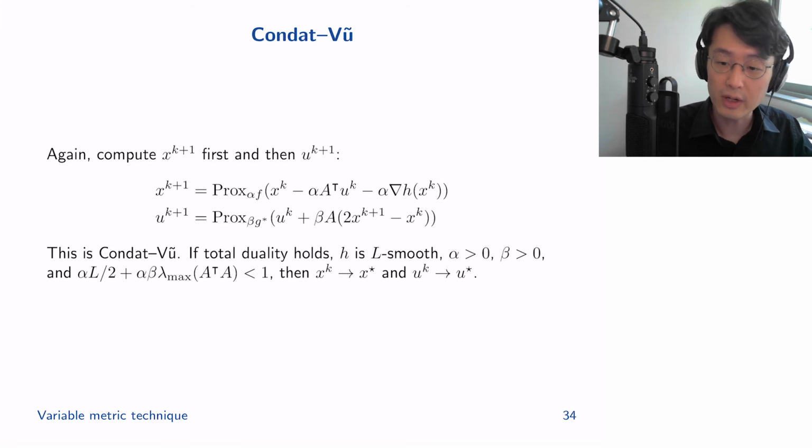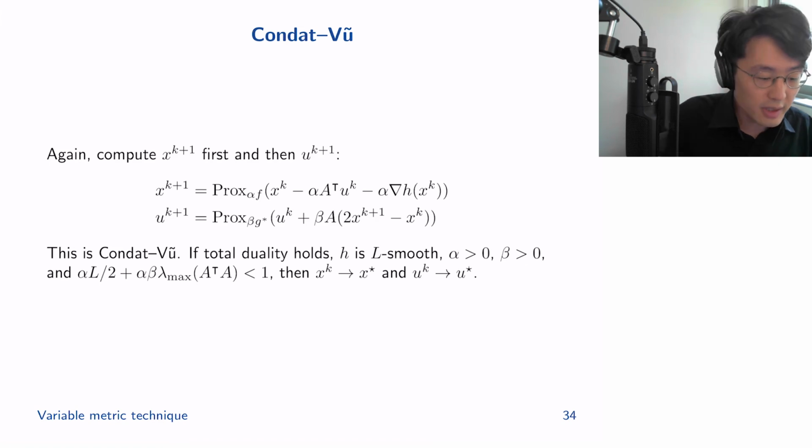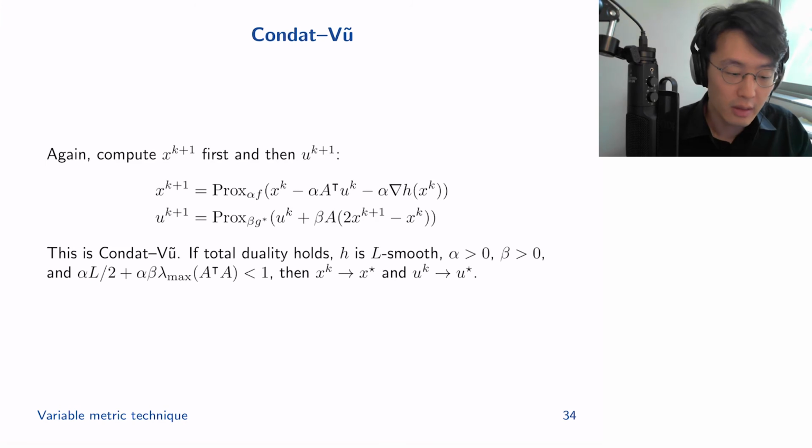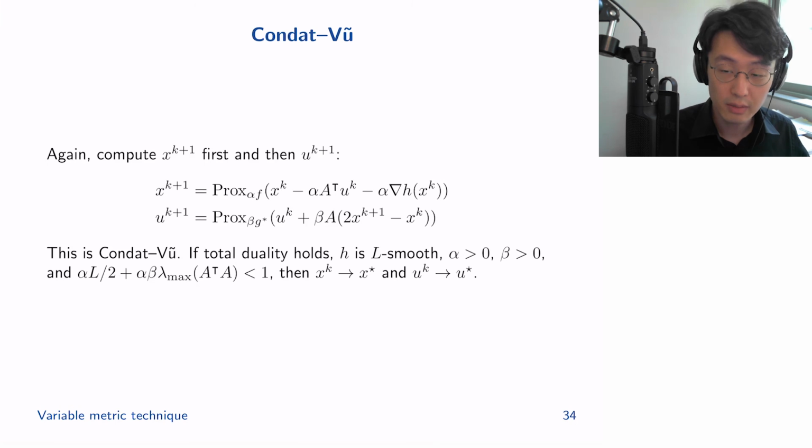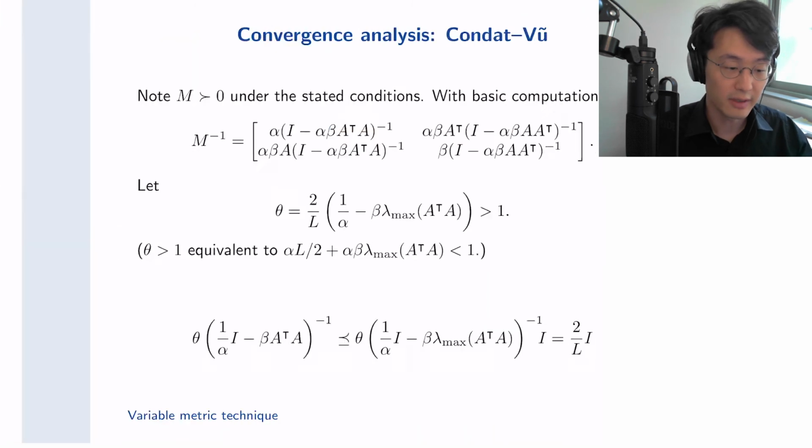So we derived the Condat-Vu algorithm as an instance of variable metric forward-backward splitting, and now let's establish this convergence criterion. Now note that this is a stronger condition compared to the condition that we had in PDHG. Because this is a stronger condition, it automatically implies that the metric matrix M is positive definite.